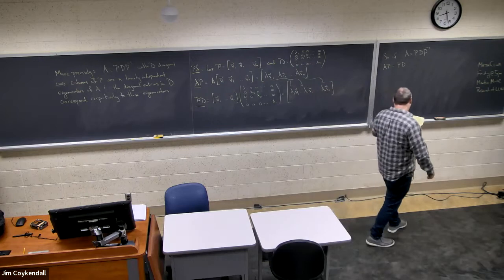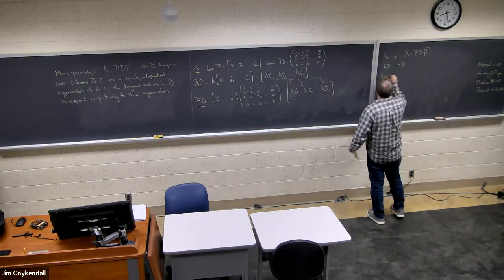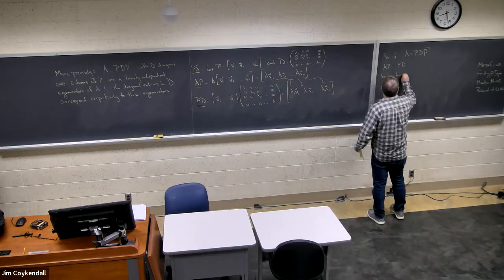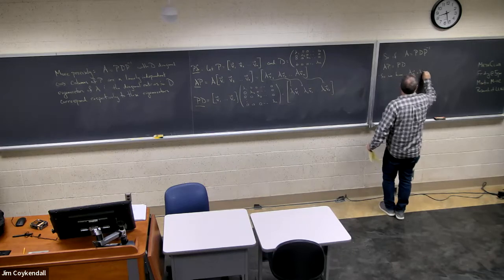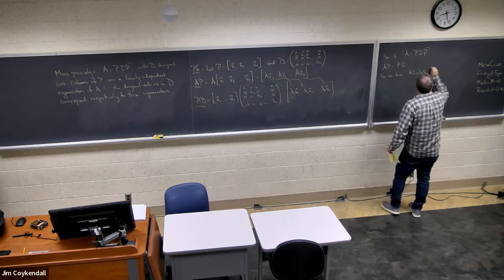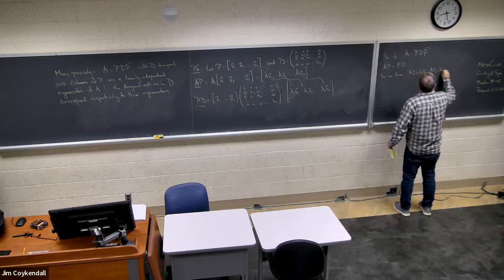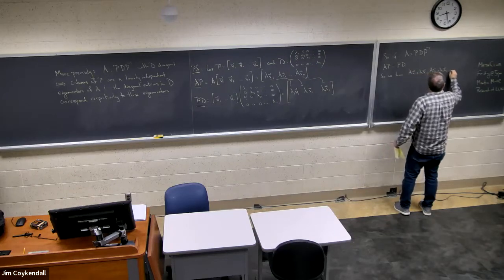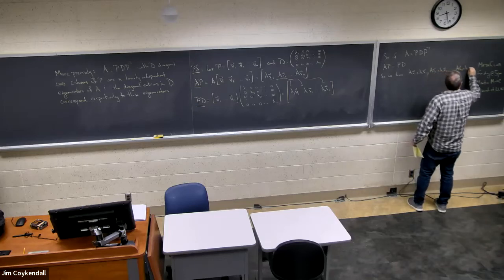So this means that Ab1 equals lambda 1 b1, Ab2 equals lambda 2 b2, all the way out to Abn equals lambda n bn.